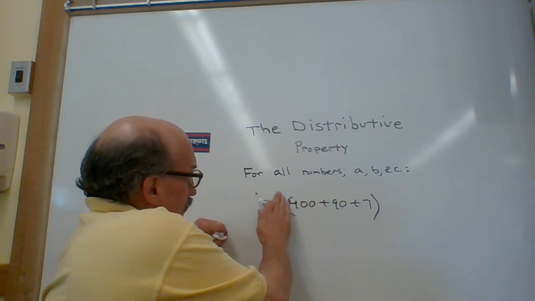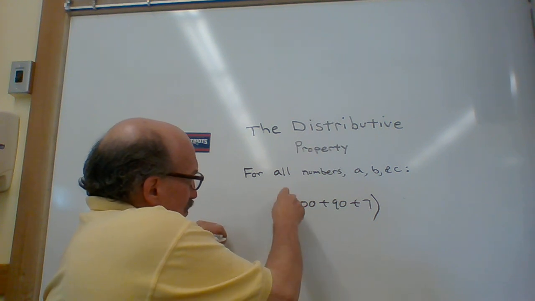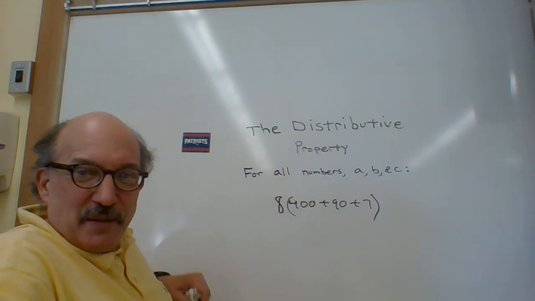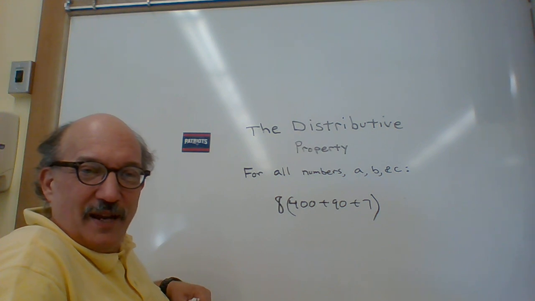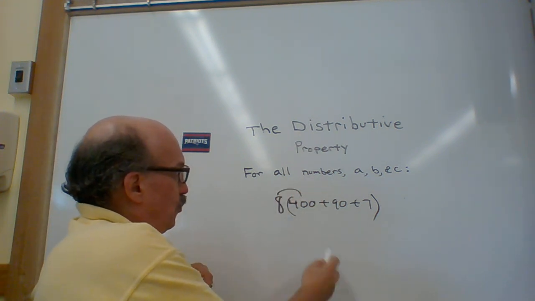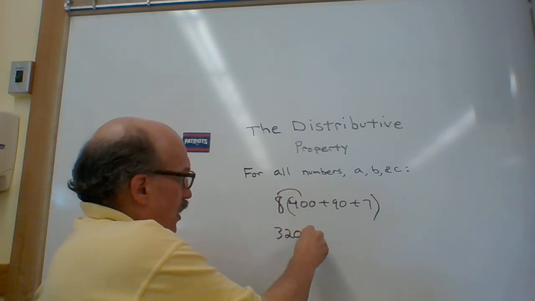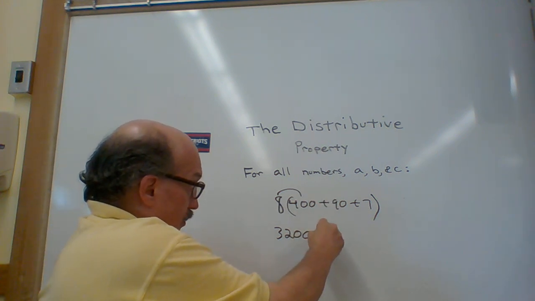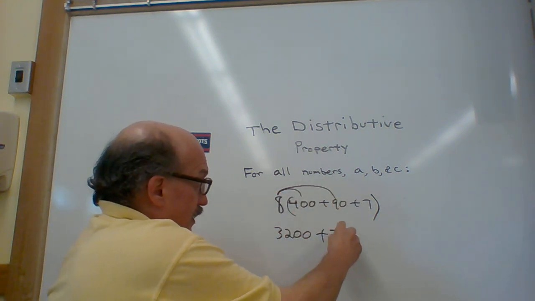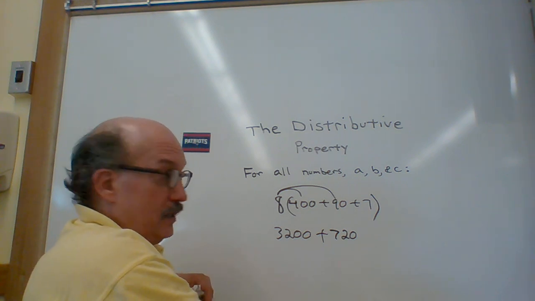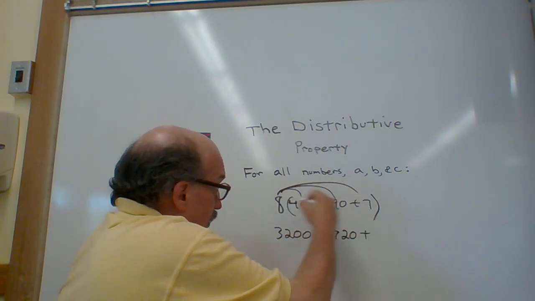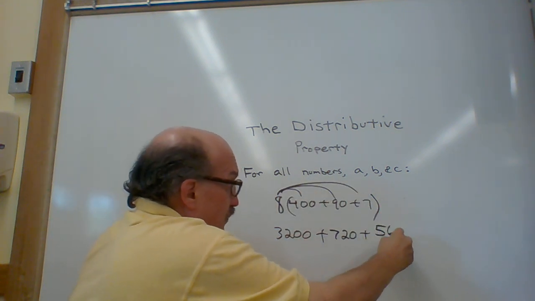Remember, we can just put the 8 right next to the parentheses. That means multiplication, right? 8 times 400, 3,200. Plus 8 times 90, 720. Plus 8 times 7, 56.